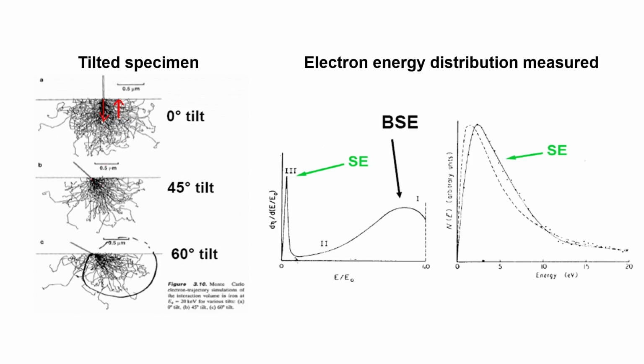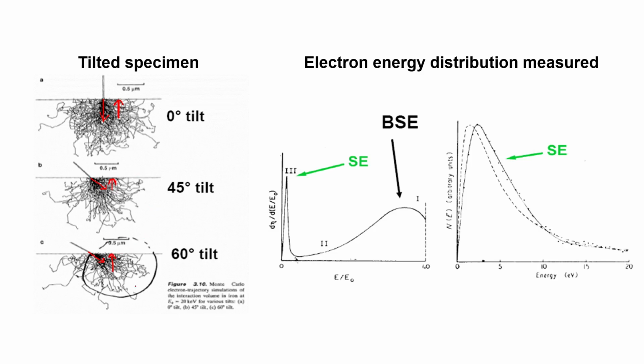But if the specimen is tilted, now the electron is coming in this direction, and if it needs to go out from the specimen, it needs to go in this direction. So now you can see that it needs to change its direction much less as compared to the 0-degree tilt. And if we increase the tilting again, then at 60 degrees it needs to change its direction much less as compared to 45 degrees.